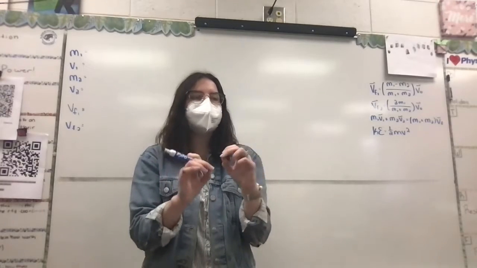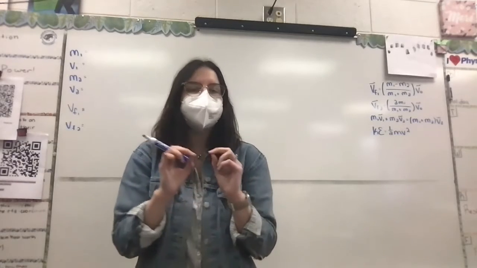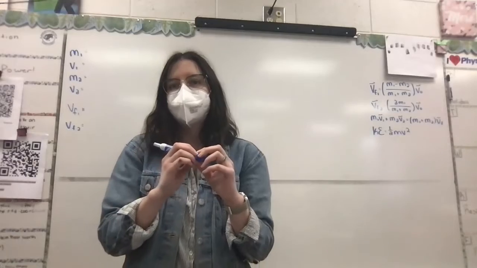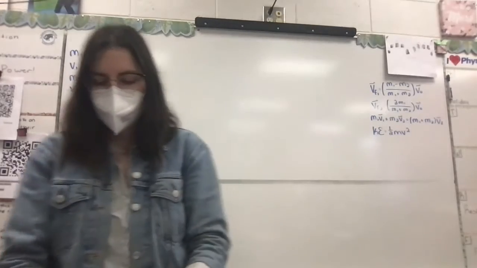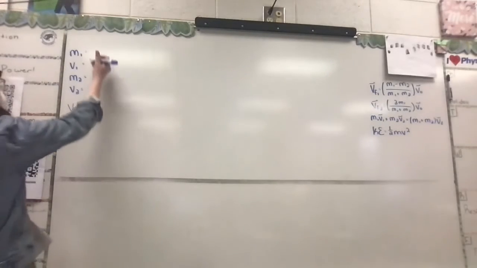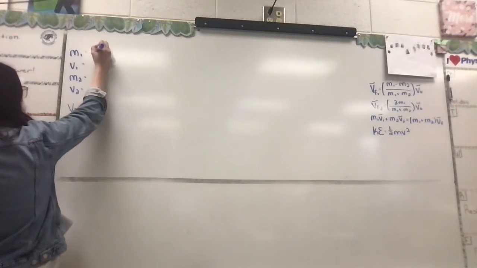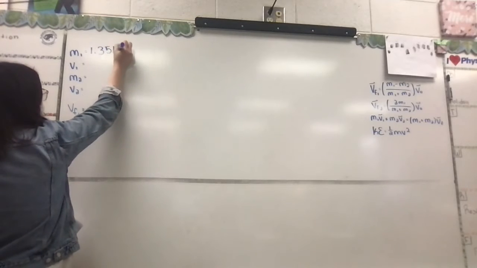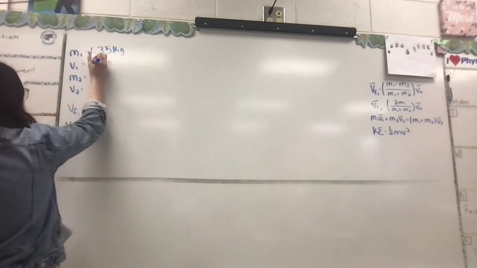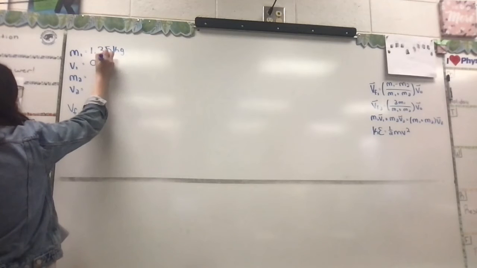Completely inelastic. What is conserved during a completely inelastic collision? Just momentum, right? Is anything else conserved? No. Okay. So, mass 1, we can consider our block of wood. It's 1.35 kilograms. What's its speed at the beginning? 0.